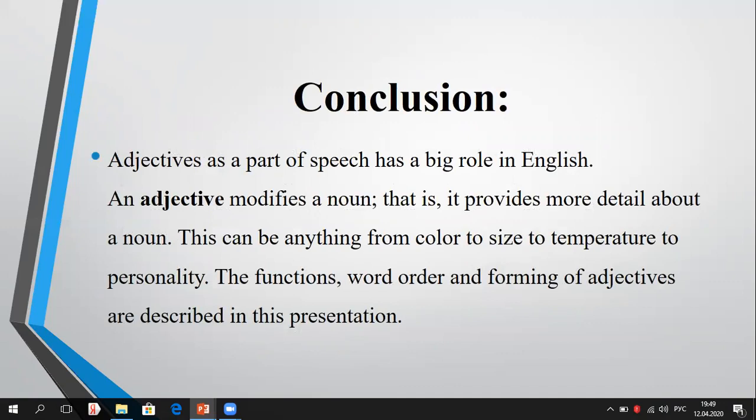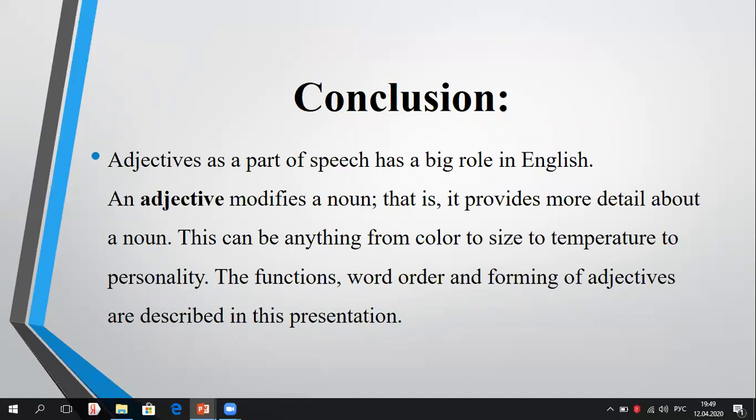So in conclusion, I want to say that adjectives as a part of speech have a big role in English. An adjective modifies a noun. That is, it provides more detail about a noun. This can be anything from color to size to temperature to personality.